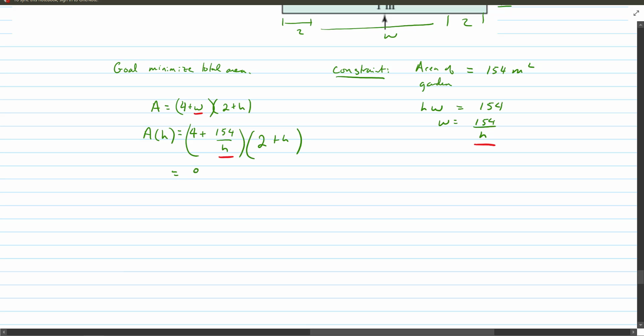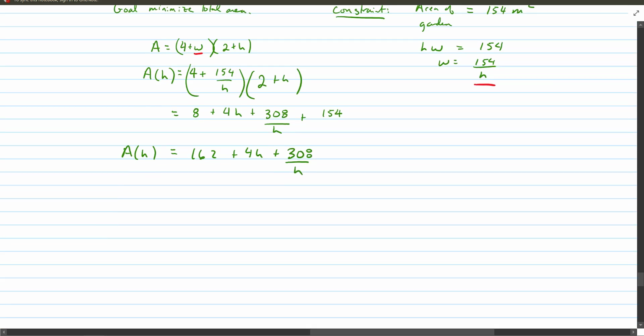If I FOIL this out, I get 8 plus 4h plus 308 over h plus 154. Double check: notice that when I multiplied this h to this 154 over h, the h's canceled. If we clean this up a little bit more, we get that the area as a function of h is equal to 162 plus 4h plus 308 over h.